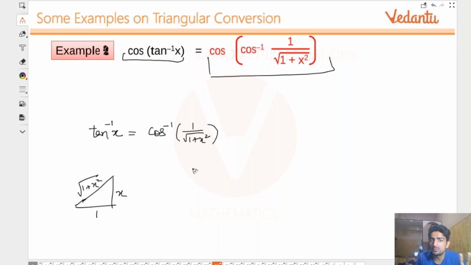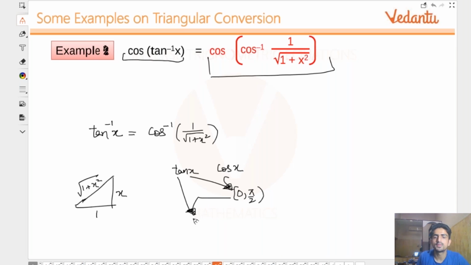It is only true under some condition. Let me write that condition also. To find condition, I will write the common principal domain of this, which is 0 to pi by 2. Then I'll find value of tan for this x. It comes out to be 0 to infinity. So this is true only when x is 0 to infinity. Not always. It is only true for this condition.